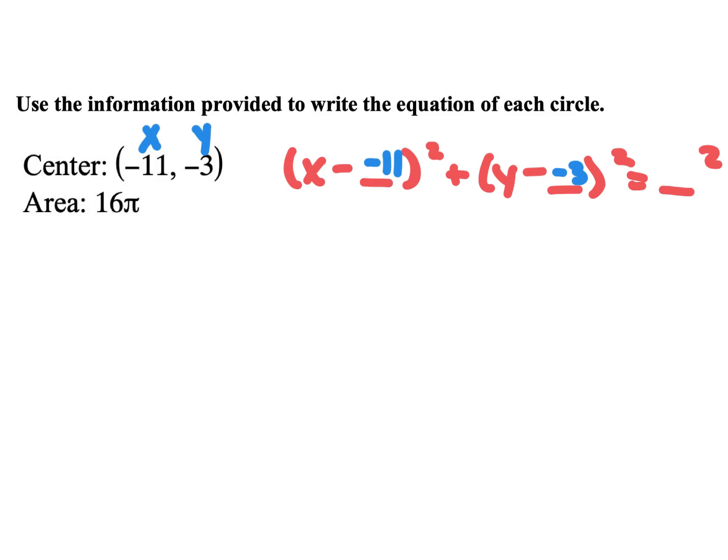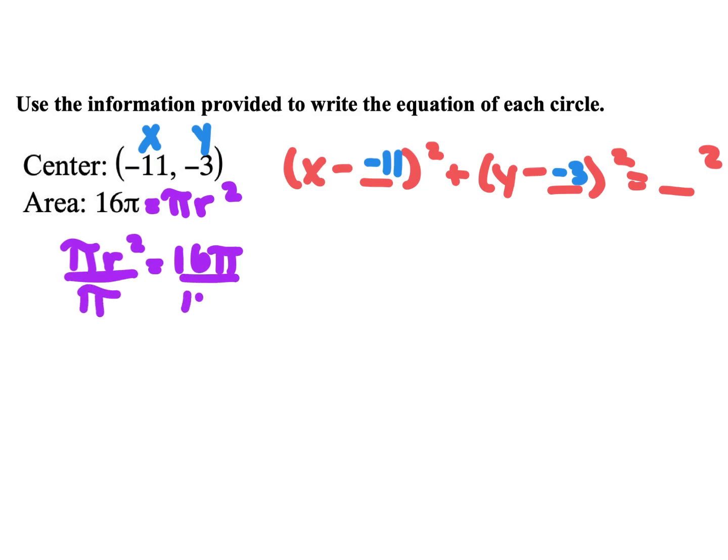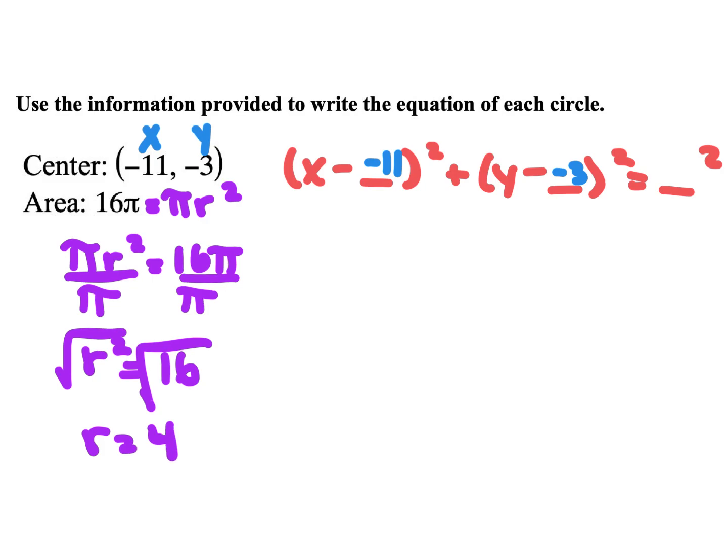However, we know that the equation for the area of a circle is pi times the radius squared. So if I set pi times the radius squared equals 16 pi, I can start by dividing both sides by pi. So you get the radius squared equals 16, and then you take the square root of both sides to get the radius is 4. So you can fill in the radius of 4 over here.